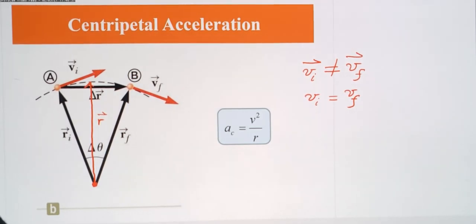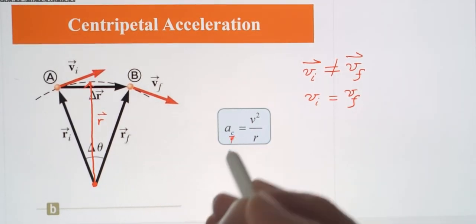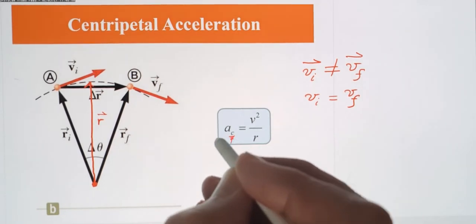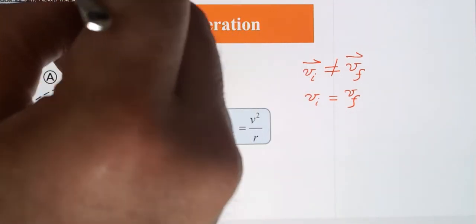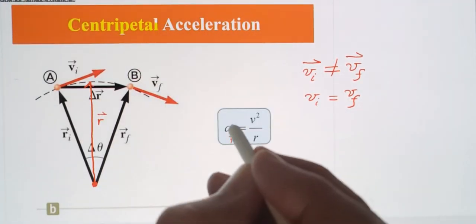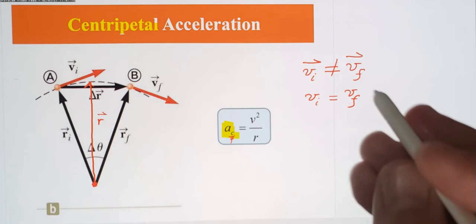It's not a linear acceleration, it's centripetal acceleration. For that we put AC, centripetal. It's written here. It's not linear acceleration. In this situation, linear acceleration is equal to 0.